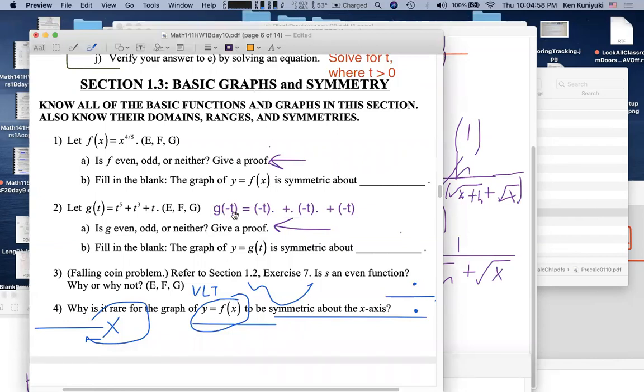So g of the opposite of t is the opposite of t all to the 5th plus the opposite of t all to the 3rd plus the opposite of t. This turns out to be the opposite of t to the 5th minus t cubed minus t, which is the opposite of the given rule. It's the opposite of g of t, for all t values in the reals.